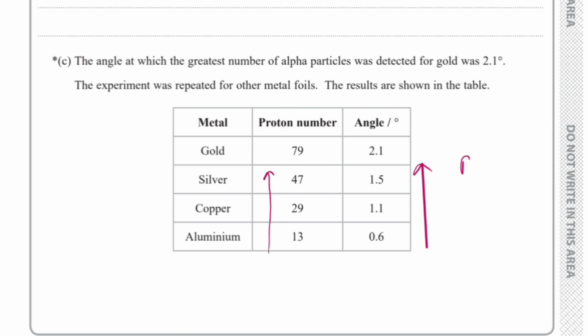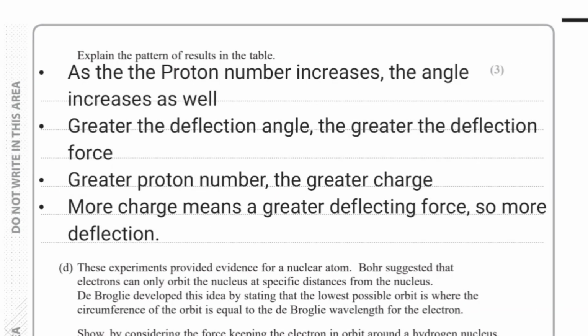So basically, proton number is directly proportional to the angle. As the deflection angle increases, the deflection force also increases. This results in what? The higher the proton number, the higher the charge, which causes higher deflection because of the strong force. You can write the answer like this.